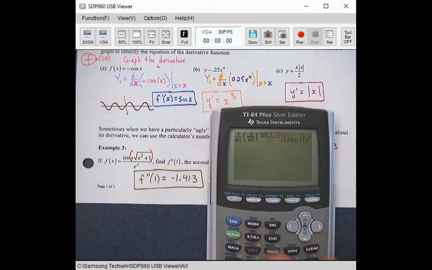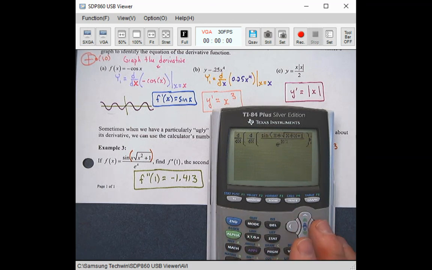Sine of x, or I could have just used y1 again. No, I couldn't because that's already the derivative. X times the square root of x squared... I don't know if it'll let me do that. I'm going to do x times x plus 1 over e to the x.